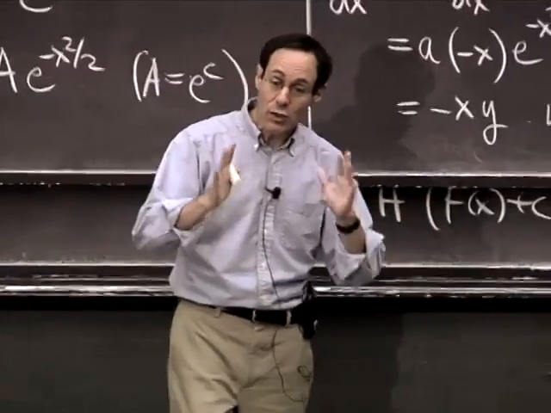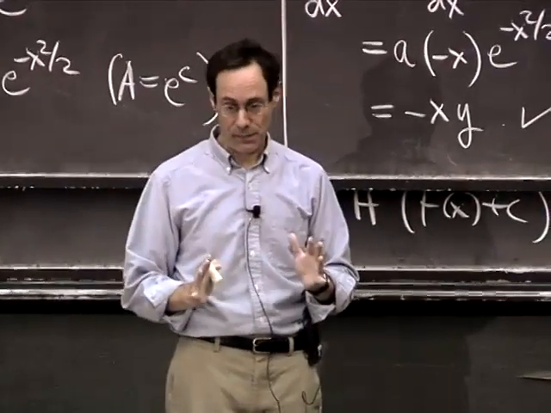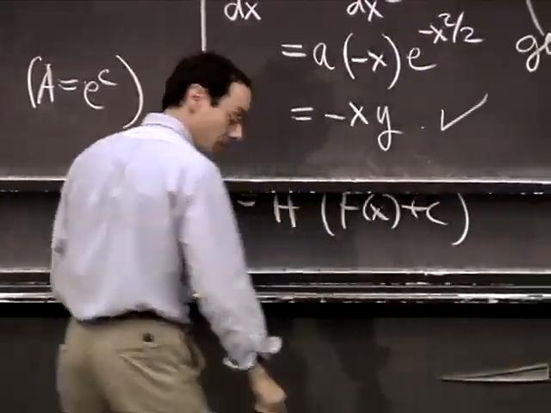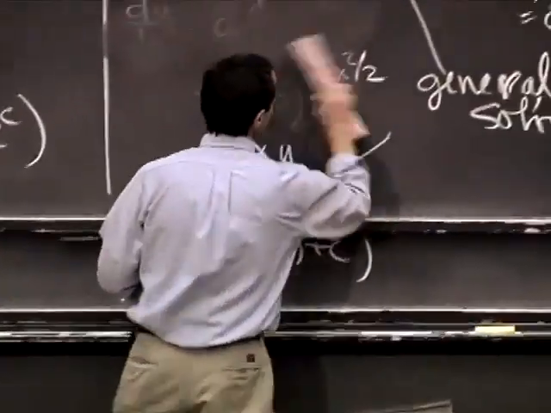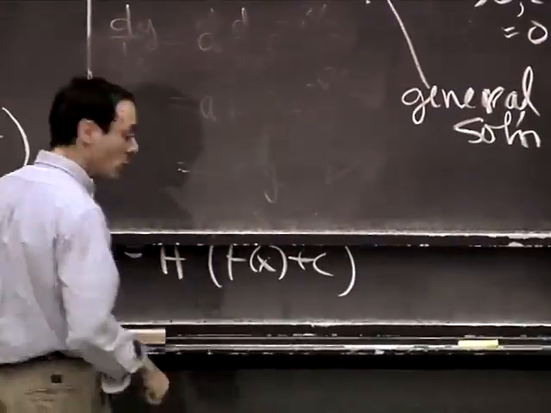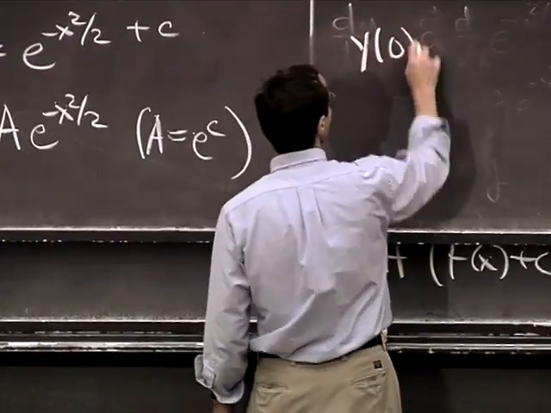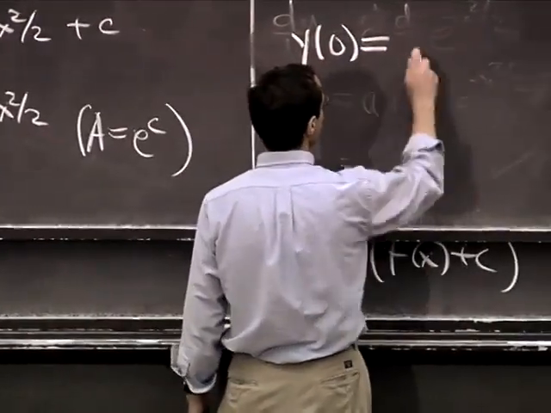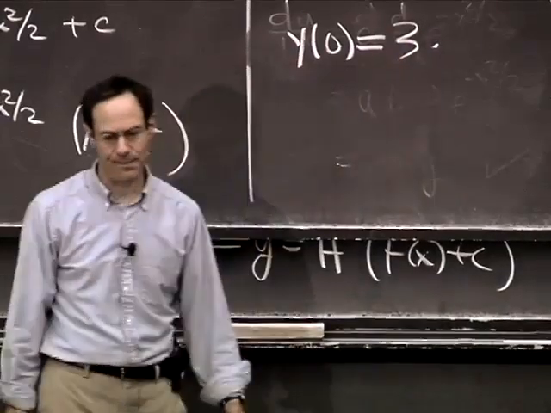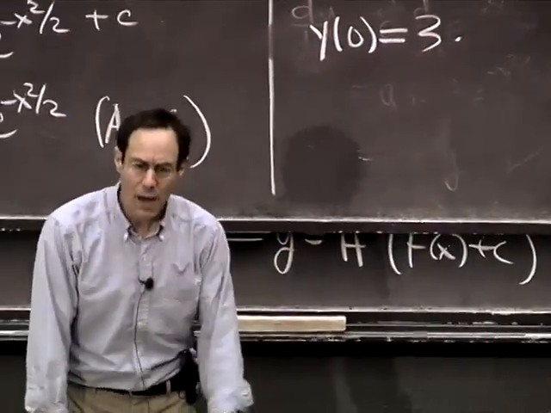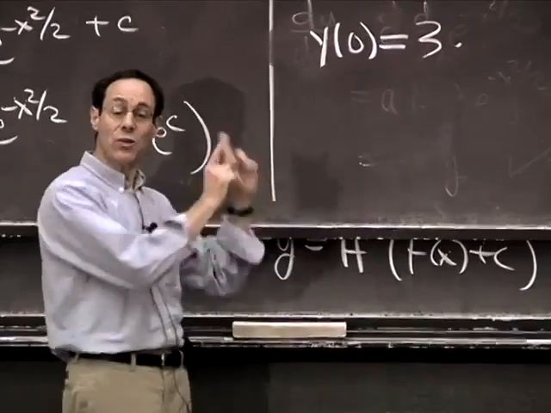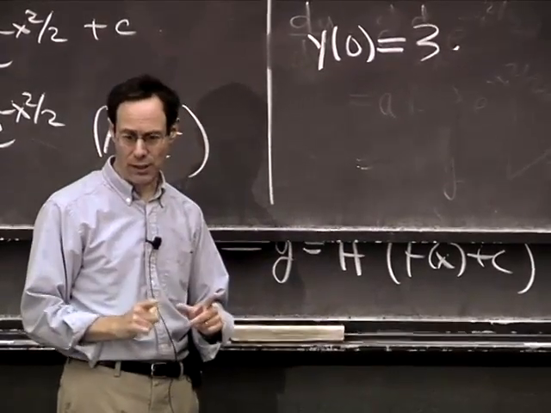Now, it could be that you're given extra information. This is very typical in such problems: you have the rate of change of the function, which is what we've given, but you might also have the place where it starts, say, it starts at 3. Now, if you have that extra piece of information, then you can nail down exactly which function it is.